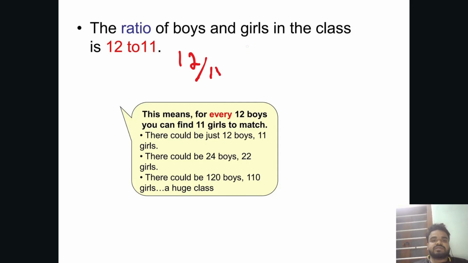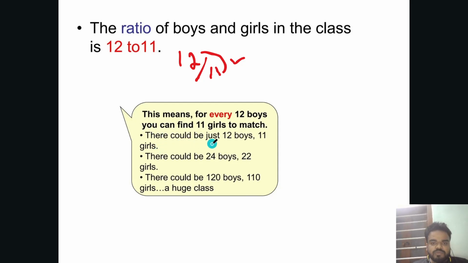This means for every 12 boys, you can find 11 girls to match. So in the previous example also we have seen for every two cats, there is one dog matching. Like that here also, for 12 boys, there are 11 girls matching.